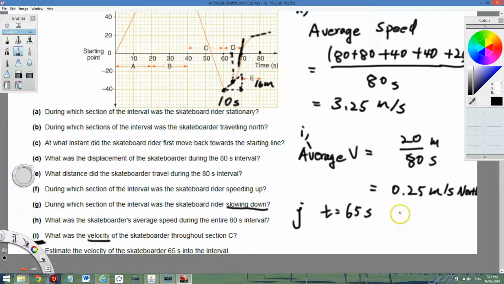So the gradient, which is the velocity, it's always the vertical divided by the horizontal. 16 divided by 10, which is 1.6 meters per second north. So that's it.